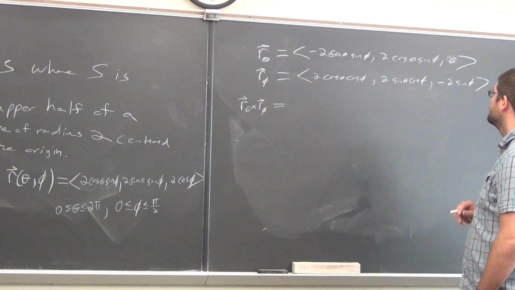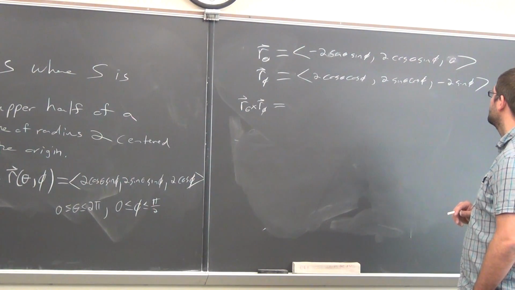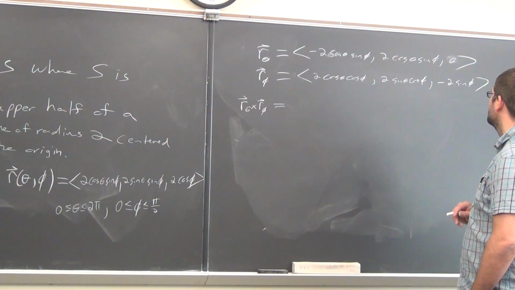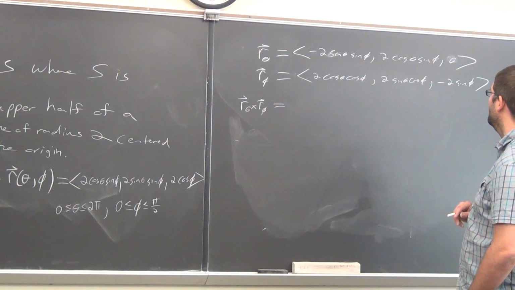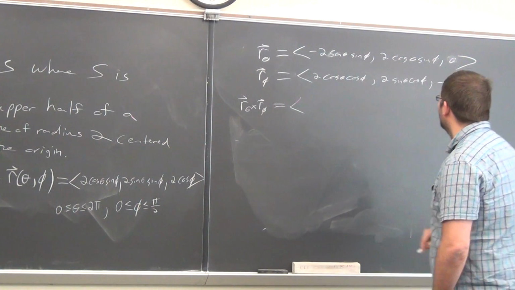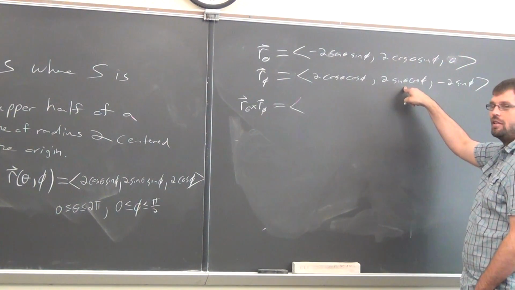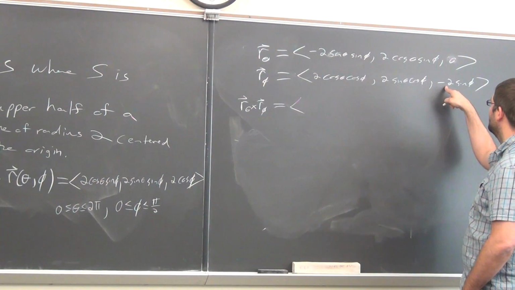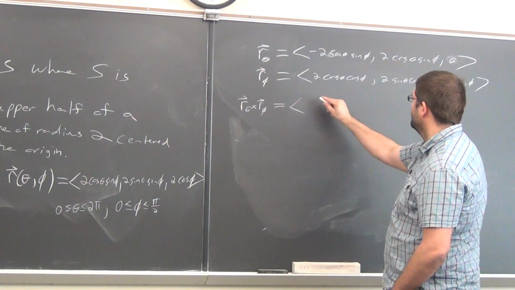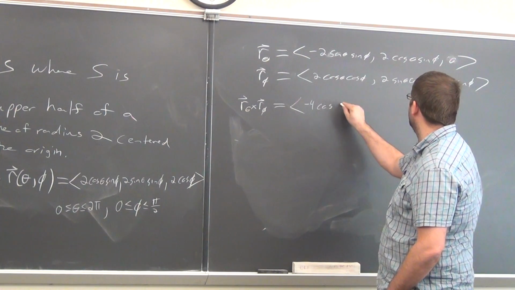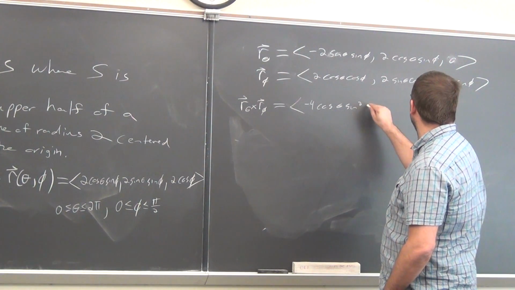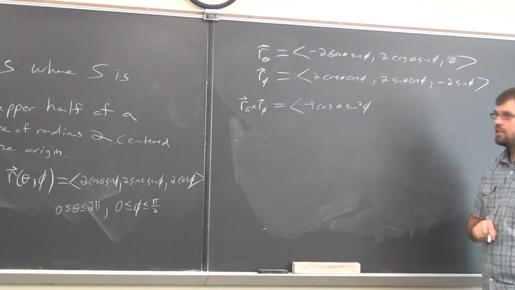Zero plus 4 cosine theta sine squared phi. Alright. So you'll get this minus 0, and so it'll be negative 4 cosine theta sine squared of phi. Is that okay?